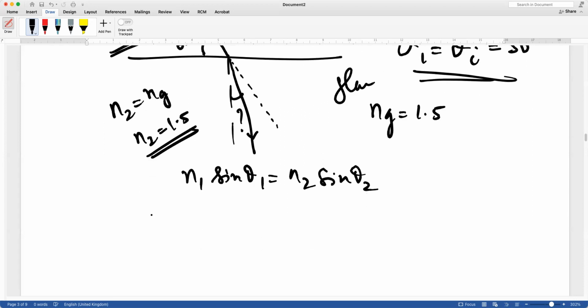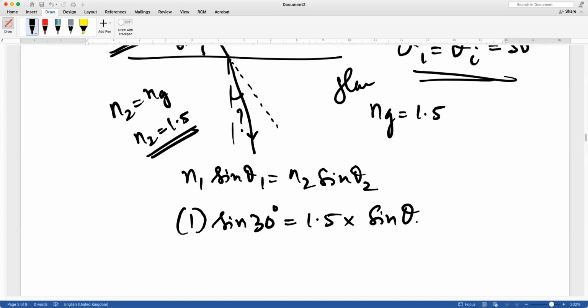We will have only one unknown, that is 1 multiplied by sine of 30 degrees is equal to 1.5 times sine theta R. Theta 2 is going to be our theta R, which is the question mark. What is the refracted angle in the glass with the normal?